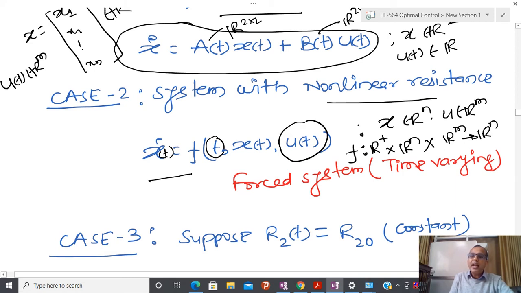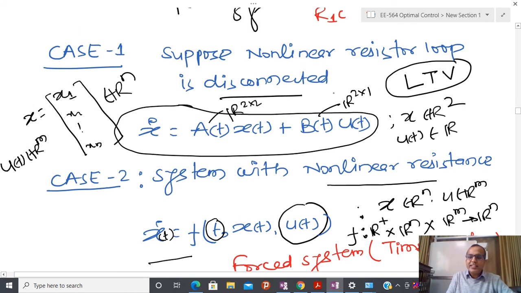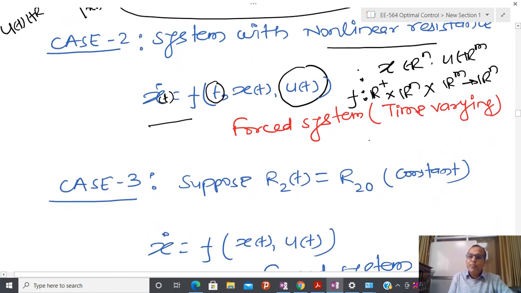So in this way I can represent this function. What we have seen up to here is, if you remove the nonlinear resistor, then you have a linear time varying system. After that, if you are not going to remove anything, then you have a forced system, but that is time varying because of the explicit time varying term, and that is reflected from R(t) being present.